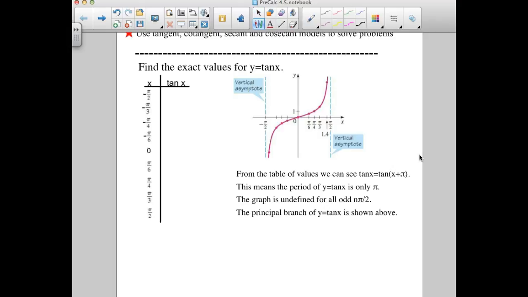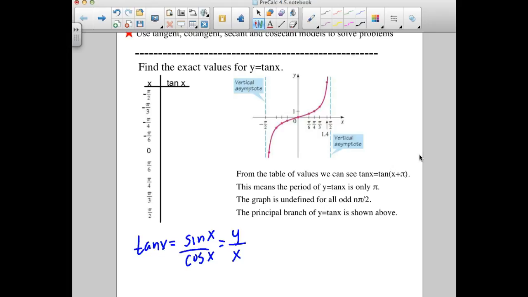We're going to start with 0. All right, so using your unit circle, tangent is defined as what? Yes, sine over cosine, which in our case would be our y-coordinate over our x-coordinate. Okay, so if our angle is 0 radians, we are on the positive x-axis.